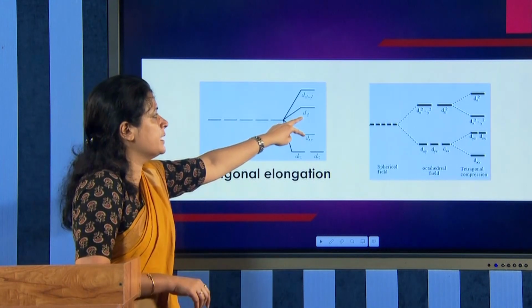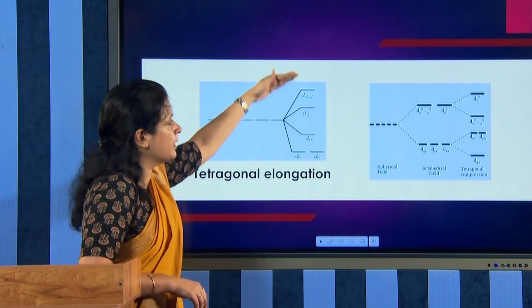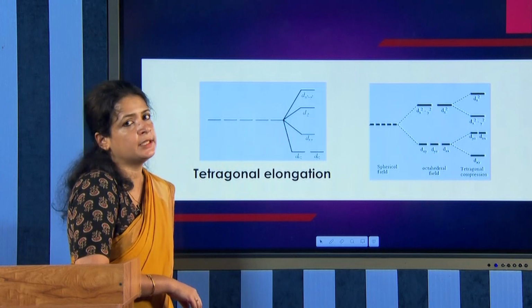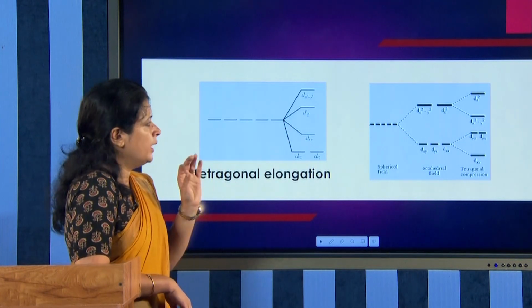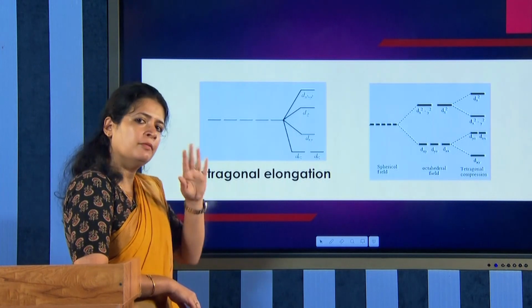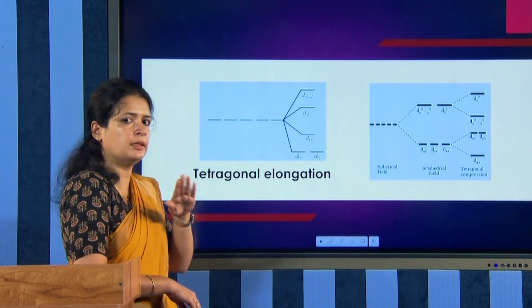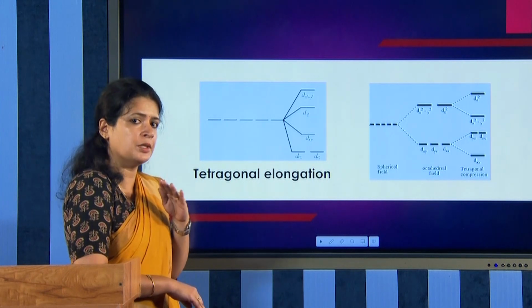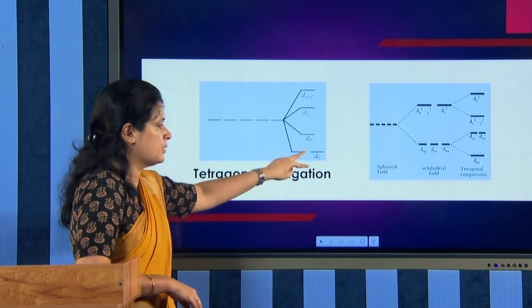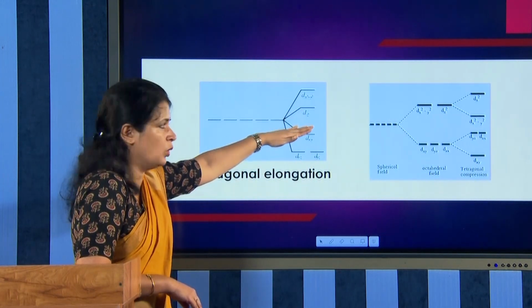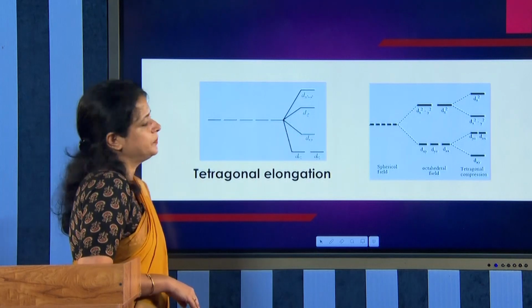That is why dz square occupies a lower energy when compared to dx square minus y square, and this is the splitting in tetragonal elongation. The only thing you have to keep in mind is that the z component will have a lower energy. That is, dxz, dyz lower energy, dz square lower energy when compared to the others.